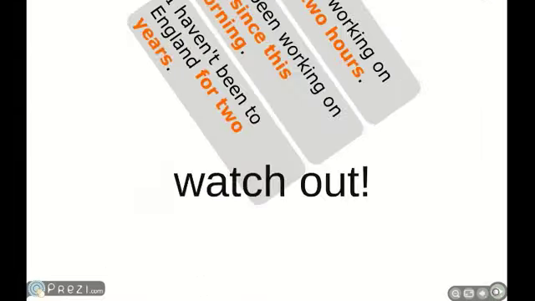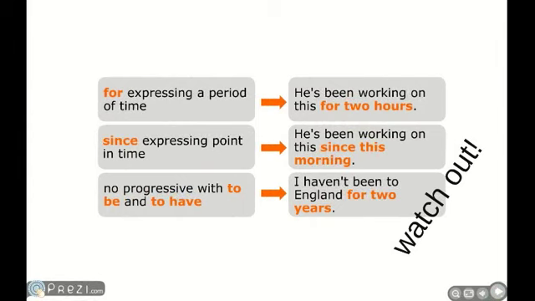Now for the present perfect progressive, there are also a couple of things I want to point out here. Basically we have two signal words for the present perfect progressive, for and since. Now for is expressing a period of time. Let's have a look at the sentence here. He has been working on this for 2 hours. 2 hours is a period of time, so please use for.